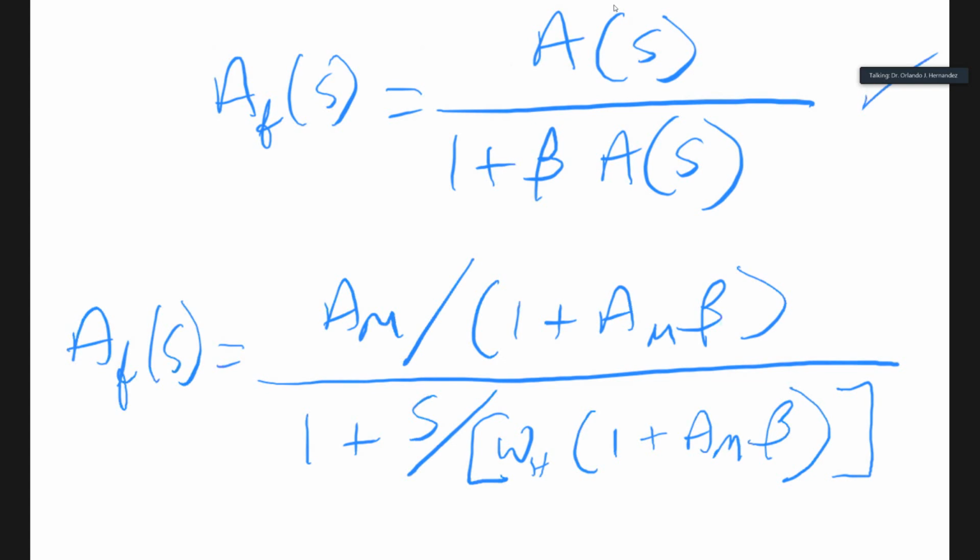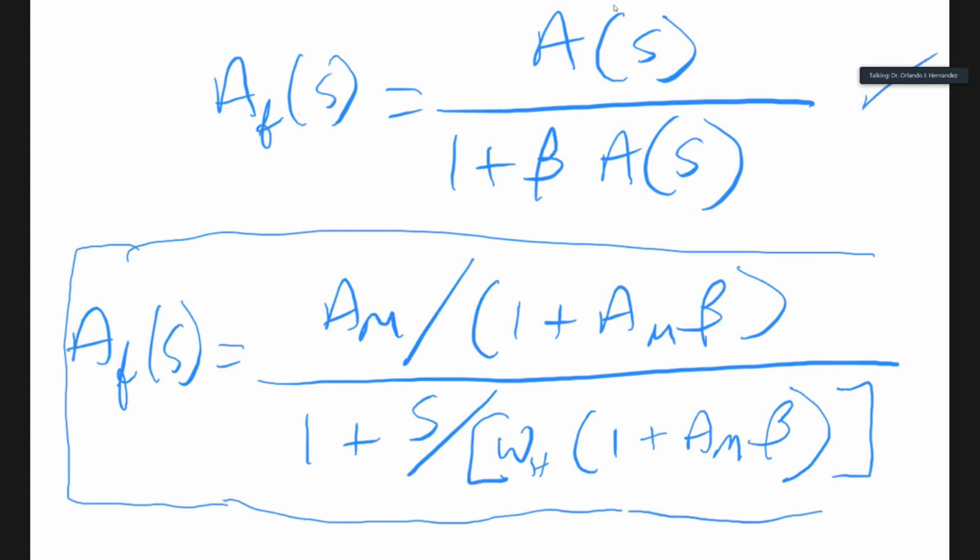So now we have an expression of the closed loop gain that comprehends the frequency dependent nature of the amplifier that we're trying to apply feedback to, and also our feedback, which is our beta network. Okay?